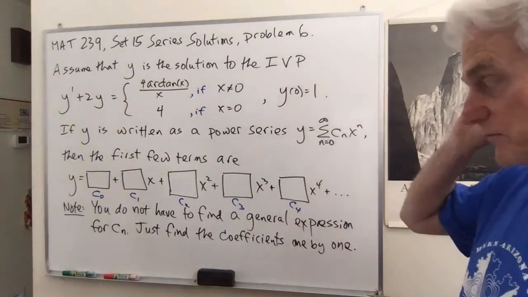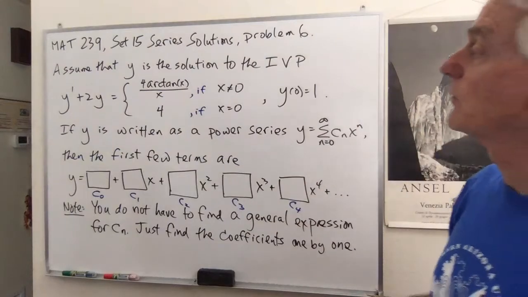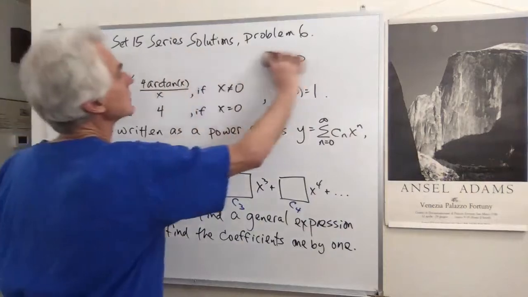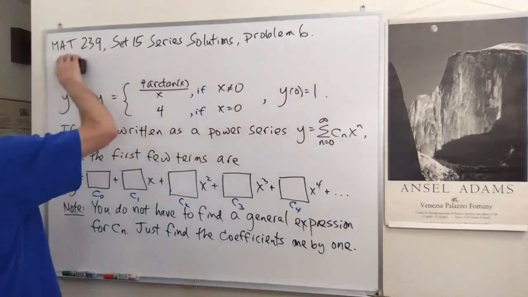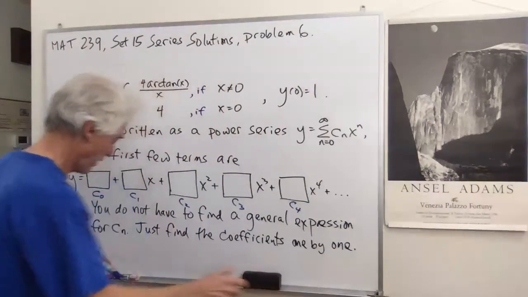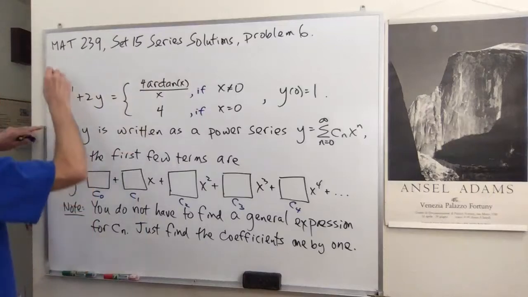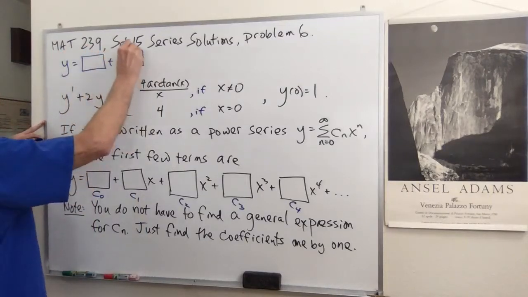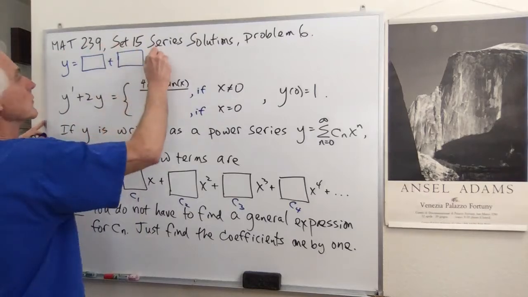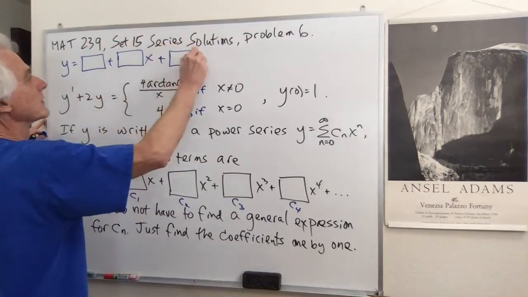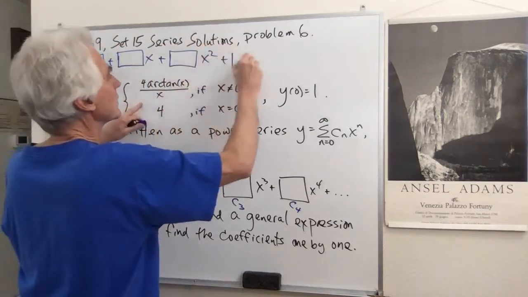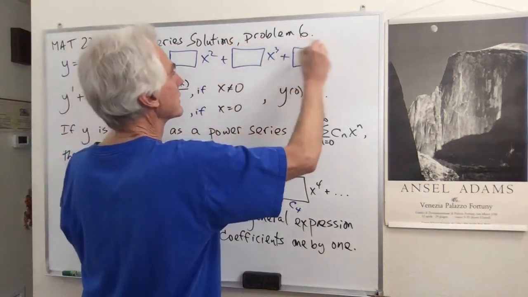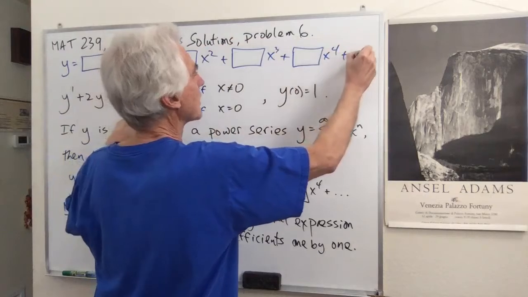To make myself a little bit more room, let's put in at the top what our goal is. We want to find y is blank plus blank times x plus blank times x squared plus blank times x cubed plus blank times x to the fourth plus dot dot dot.